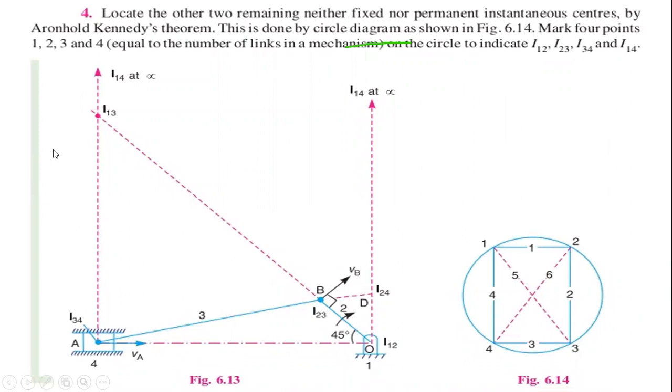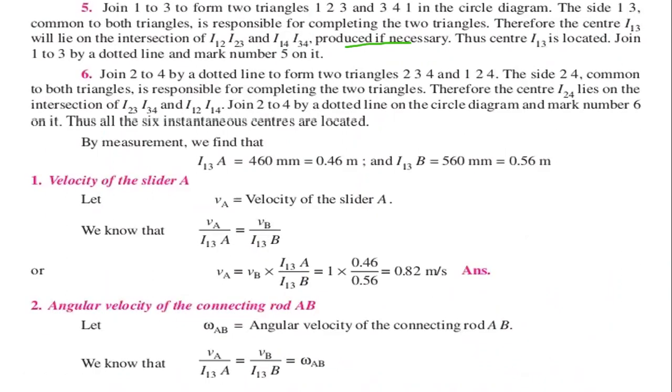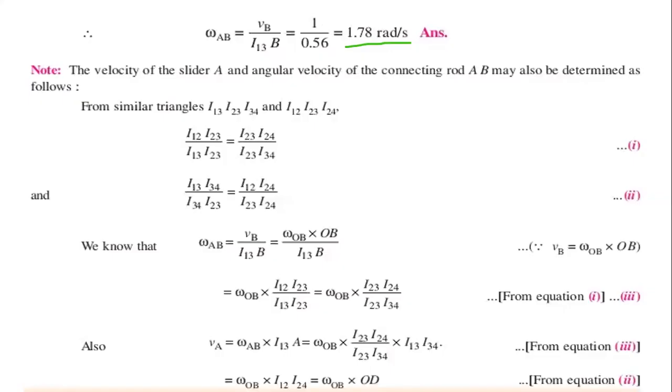From these two triangles, I am going to take the values, that is I12 into I23 by I13 into I23, taking the similar sides and the common sides.